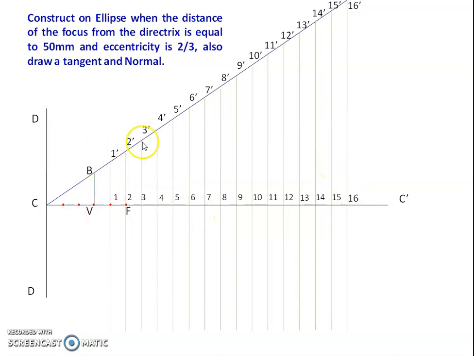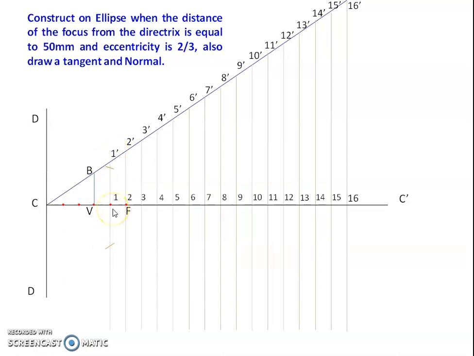Now take the distance from 1 to 1 dash, and with F as the center, make an arc above and below the axis.